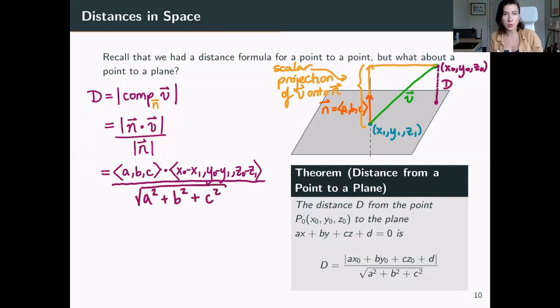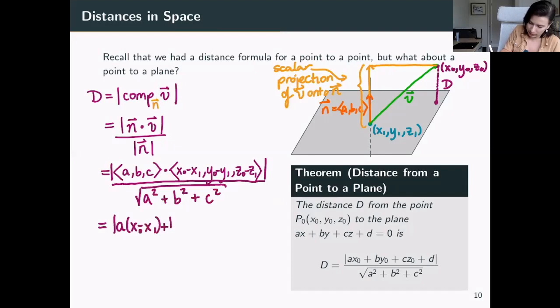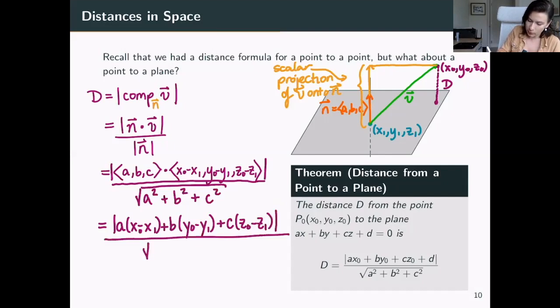From here, we can use the definition of the dot product so that this simplifies to, remembering I've got those absolute value bars upstairs, the absolute value of a times x0 minus x1 plus b times y0 minus y1 plus c times z0 minus z1, all divided by the square root of a squared plus b squared plus c squared.